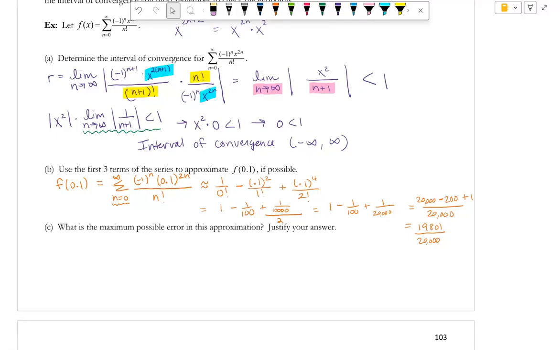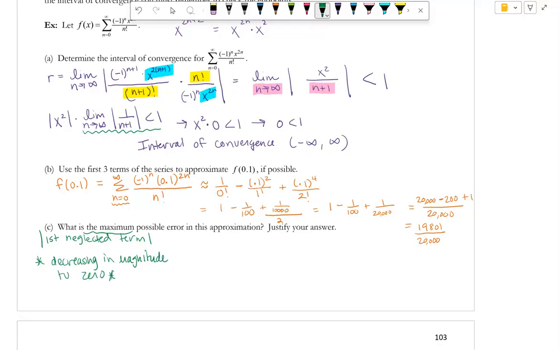So when we're working with an alternating series and I'm finding maximum error, I know that I want to use my first neglected term. So my maximum error will be the magnitude, aka the absolute value, of my first neglected term, but that is assuming that our terms are decreasing in magnitude to 0.